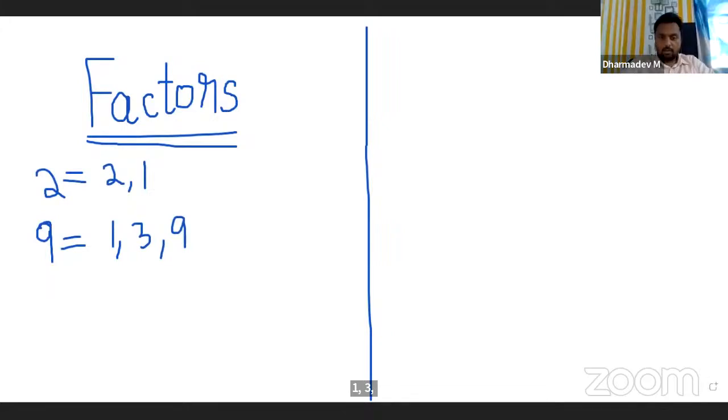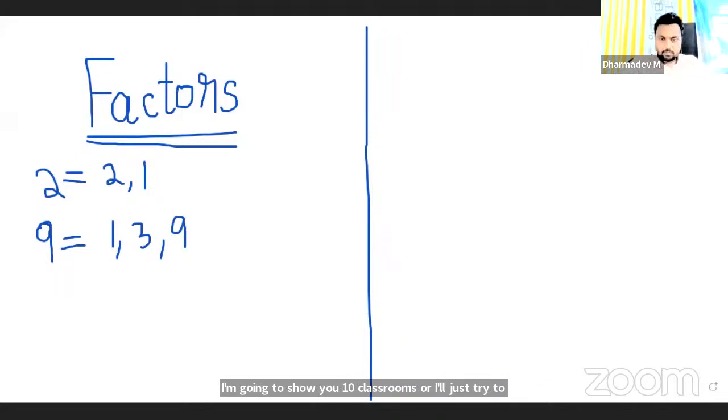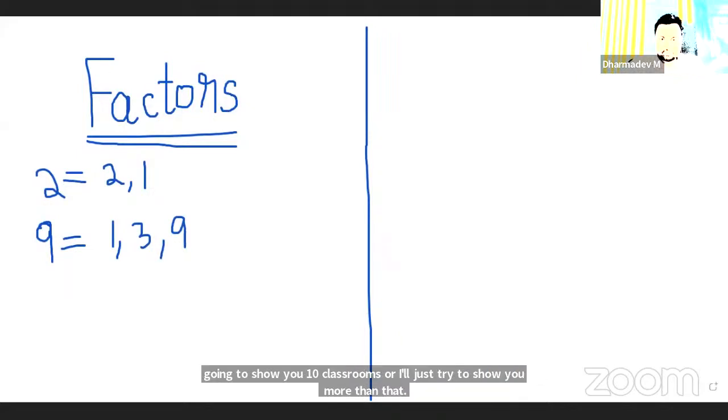Okay. Now I will share the question paper board and I want you to solve the questions. Find the factors of those numbers.